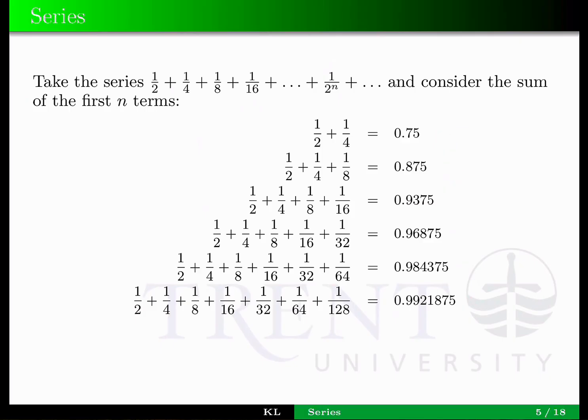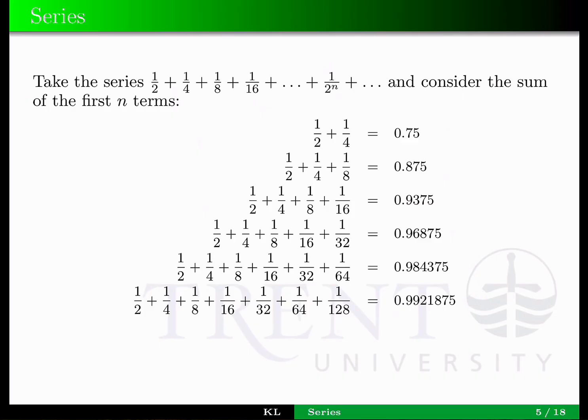So the point I want to make is that for the two consecutive sums that we see here, it seems that the difference between the two sums becomes smaller and smaller. So if we added another term here, the difference from this sum to the next sum will become much smaller than the difference between this sum and this sum.